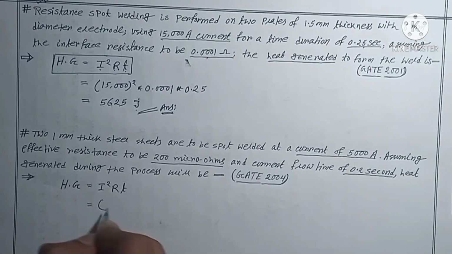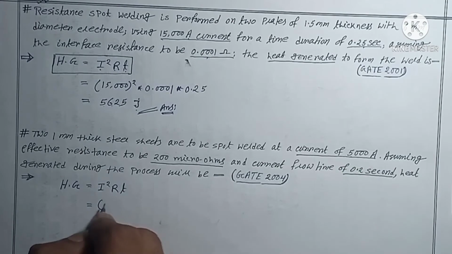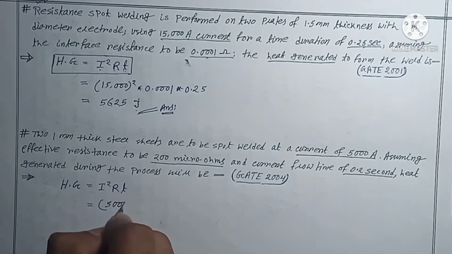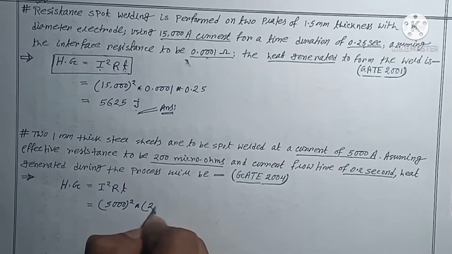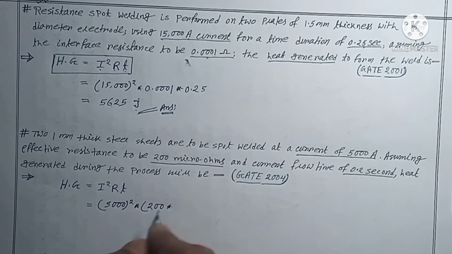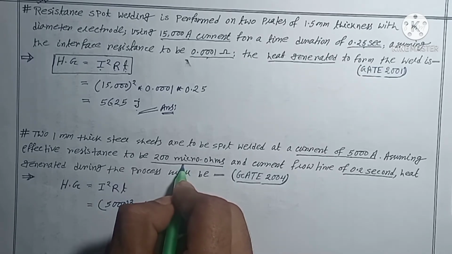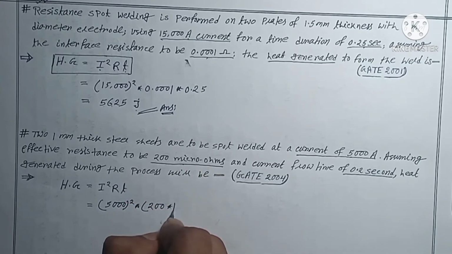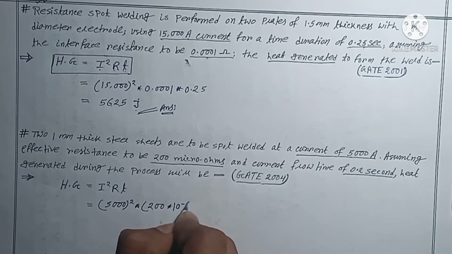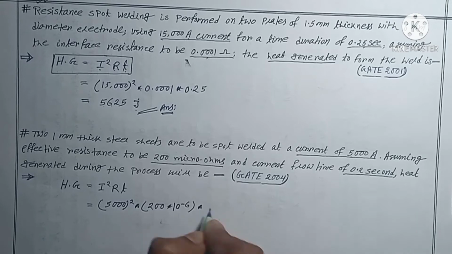I is the current, they provided 5,000 ampere. Just put in 5,000 ampere squared. Resistance is provided as 200 micro ohm. To convert this micro ohm into ohm we have to multiply it by 10 power minus 6. And time is provided, 0.2 second.